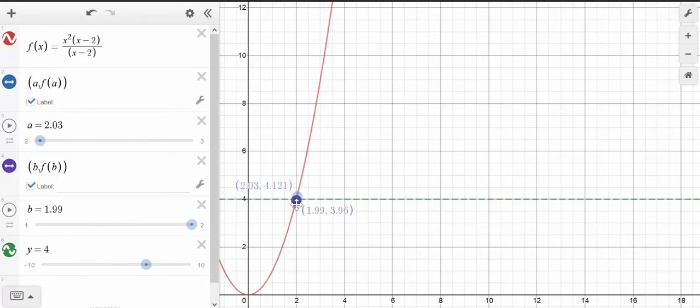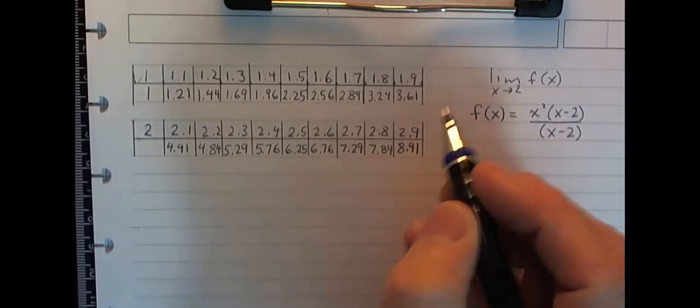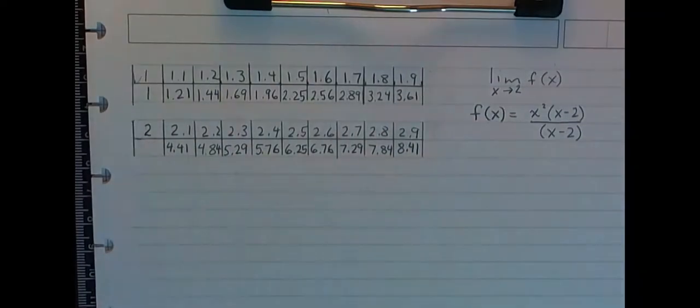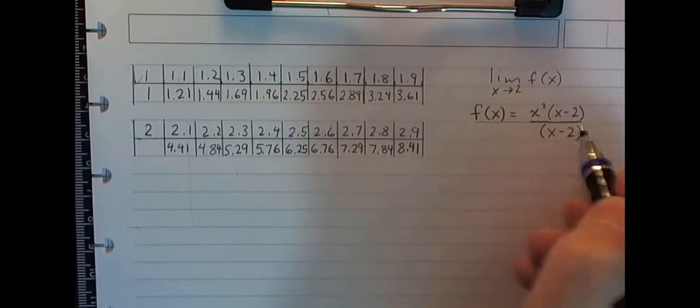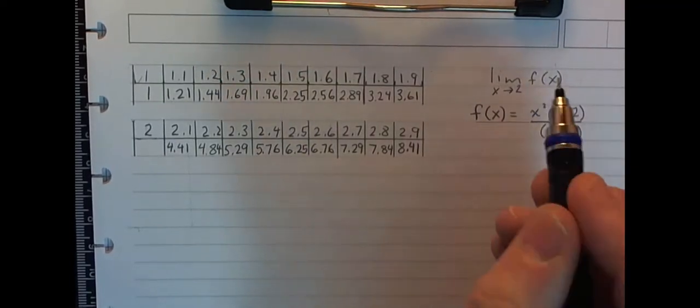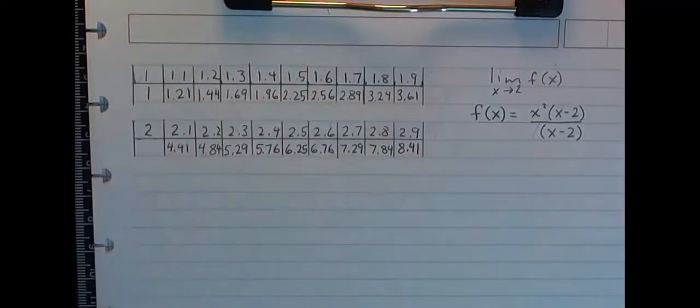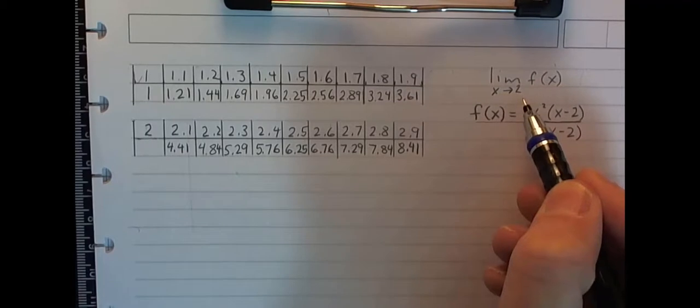And sometimes we might want to make a table out of that. Now that problem may look like this if we weren't given the graph. If we were just given that same function, and we're asked to look at some numerical values and see if we can conjecture about this limit as x goes to 2.